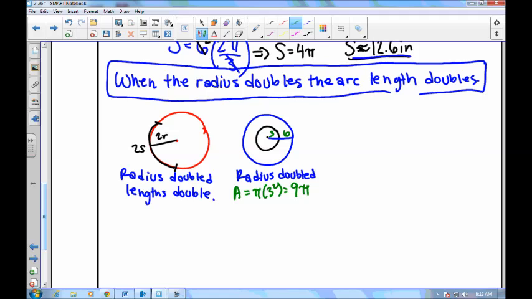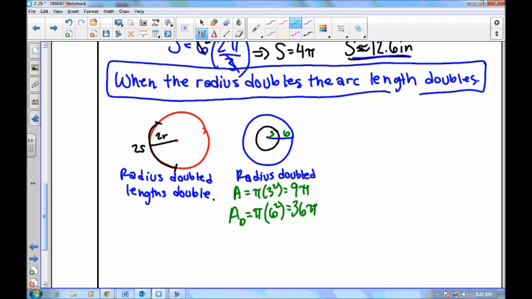And then the doubled one is not 9 pi. Do you think it's going to be 18 pi? Pi times 6 squared. Amy, what's 6 squared? 36 pi. So you can see that the areas do not double.